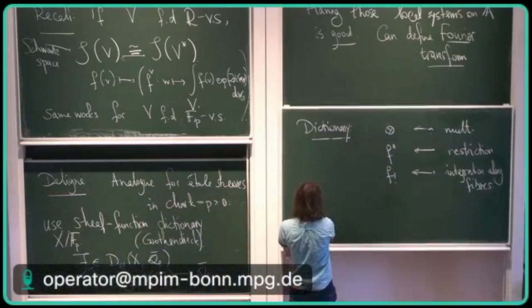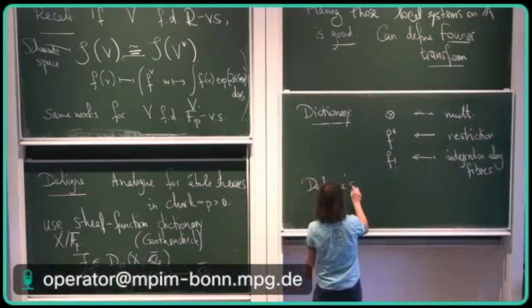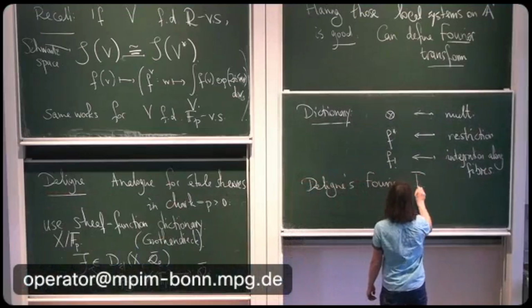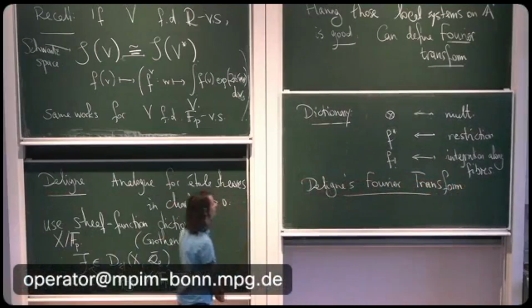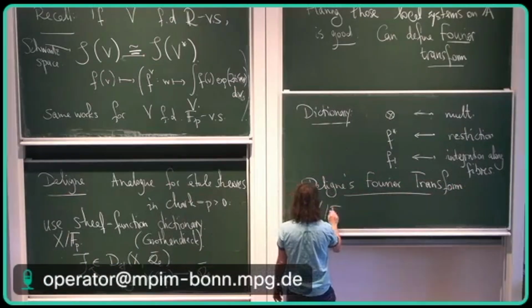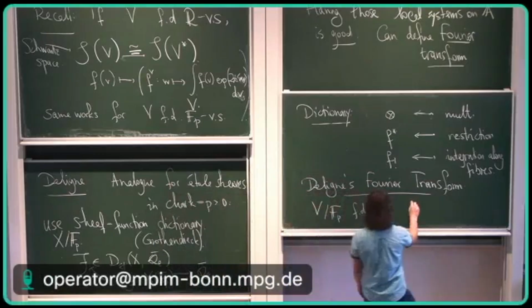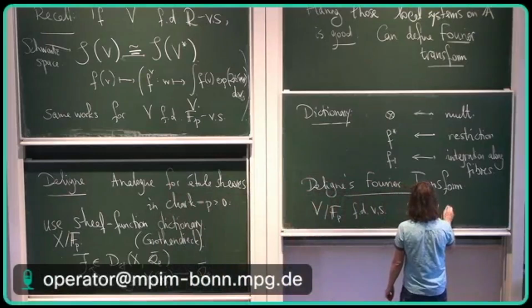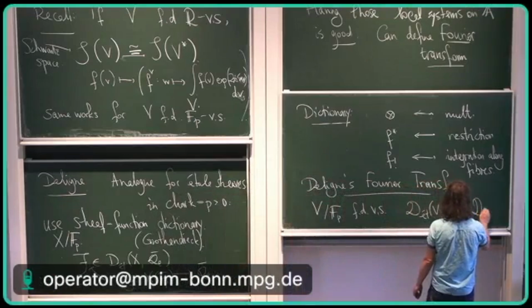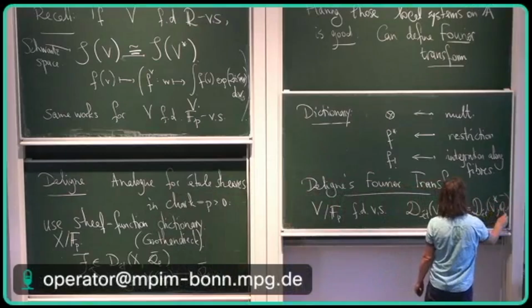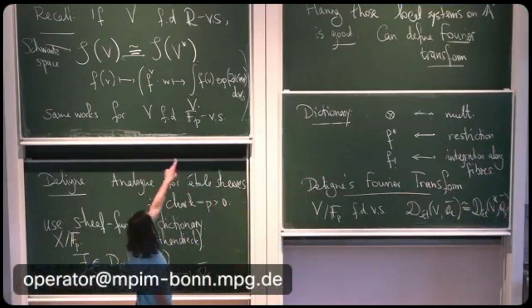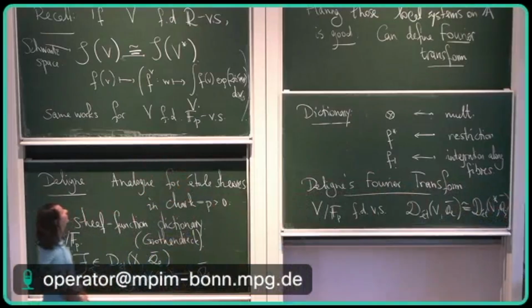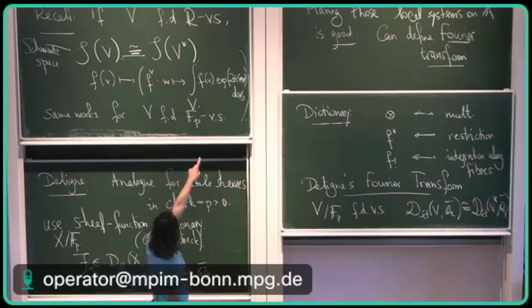What Deligne proved is that for V, again, a finite dimensional F_p vector space, the category of etale sheaves on V is equivalent to the category of etale sheaves on the dual vector space, via some combination of operations that just mimics the way the Fourier transform is defined there.